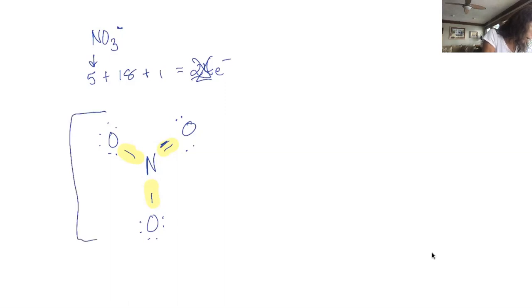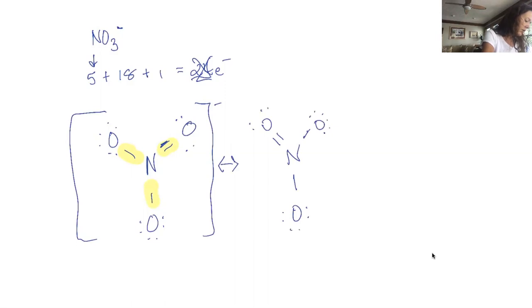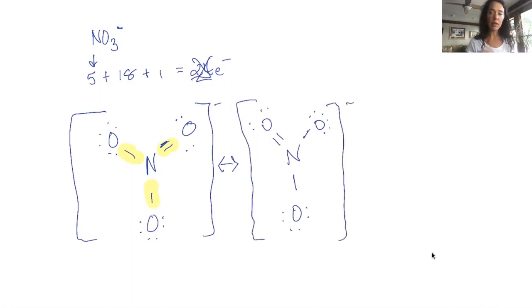And don't I need to put brackets around this with a charge because it's an anion? Actually, just because it's an ion. Well, the whole point is that double bonds will resonate between all of these oxygens, okay? So the double bond is not in one location the whole time. We don't just get to pick an oxygen-nitrogen bond and make it the double bond, because that's not the way it is.